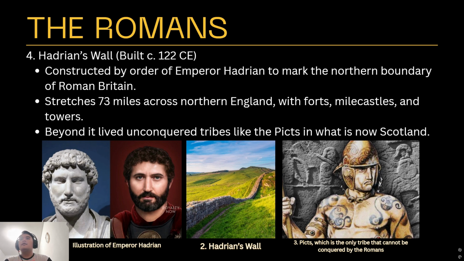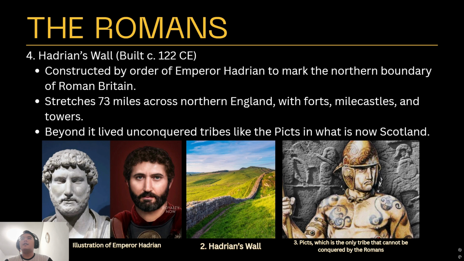Okay. And then Hadrian's Wall, built in 122 Common Era, constructed by order of Emperor Hadrian to mark the northern boundary of Roman Britain, stretches 73 miles across northern England, with forts, mile castles, and towers.